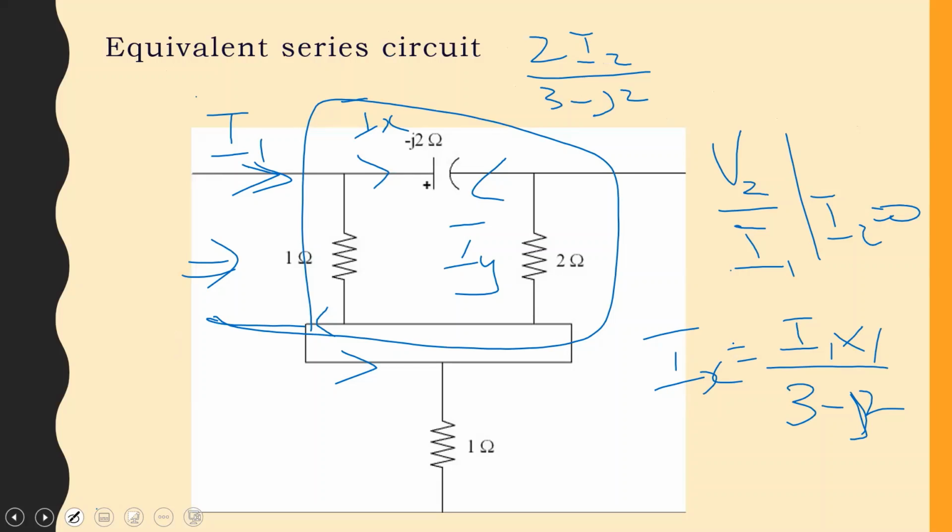And Z22 would now be 2 in parallel with 1 minus J2. So that will be 2 minus J4.